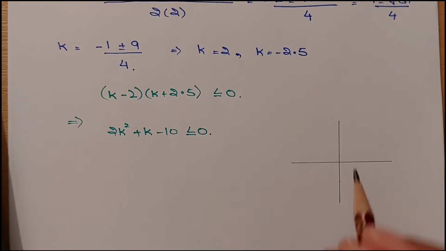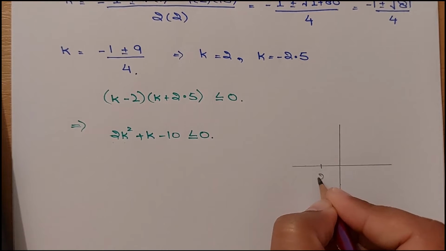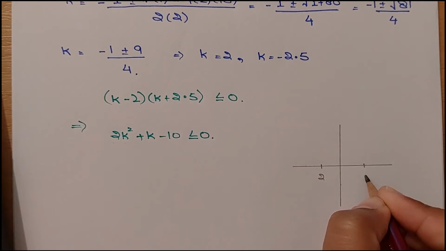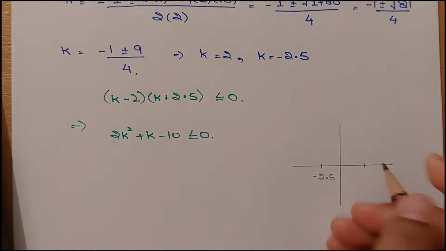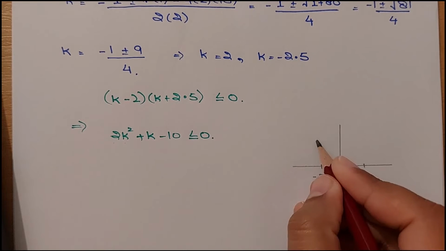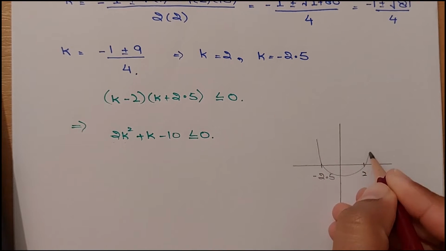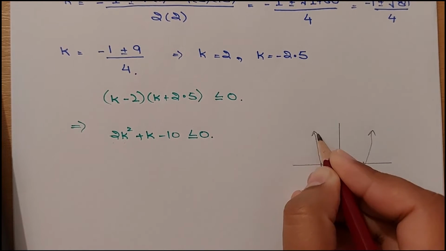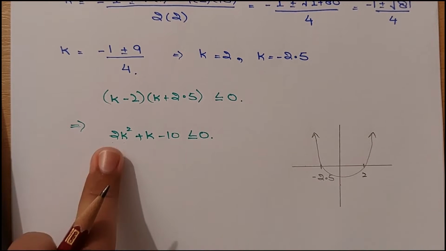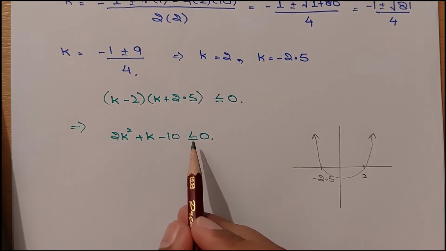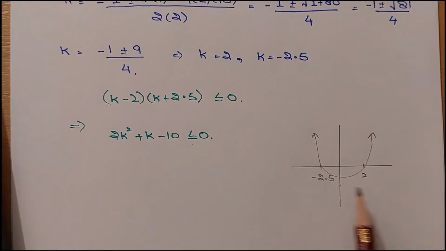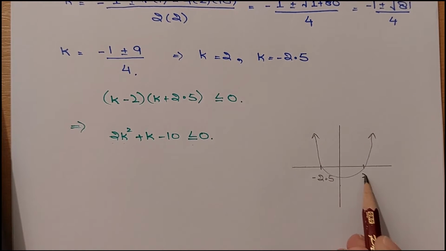And we have two k values. We have 2 over here and minus 2.5. The k values are minus 2.5 and 2, right? And this is the shape of the parabola. Its opening is upward because the k square coefficient is positive, right? Now we need to find the values of k when it is less than or equal to 0.